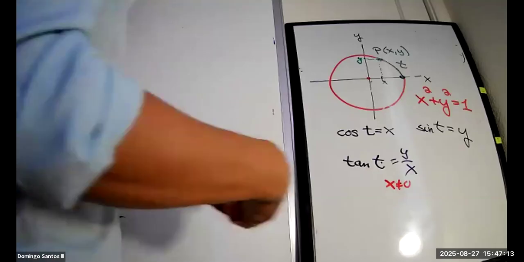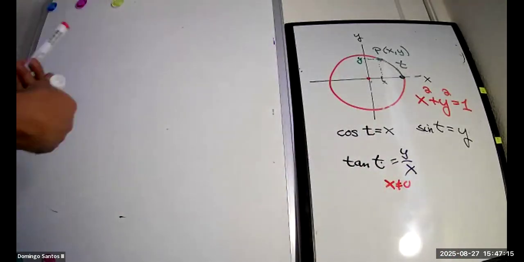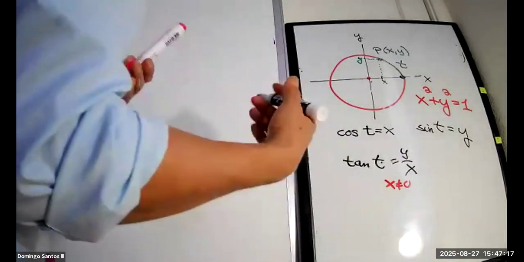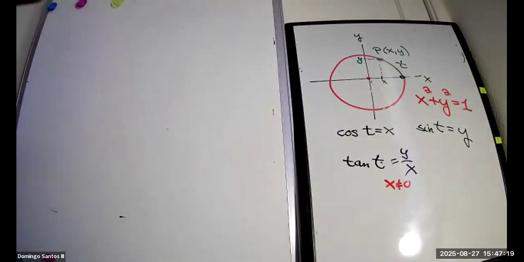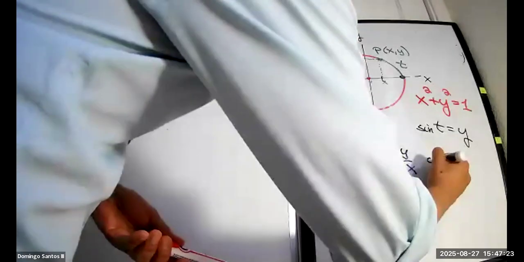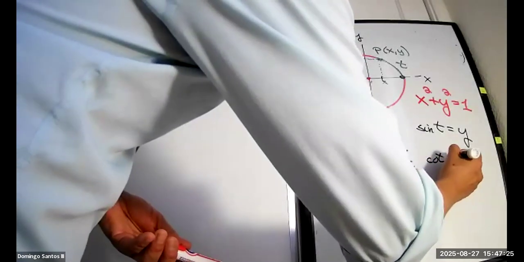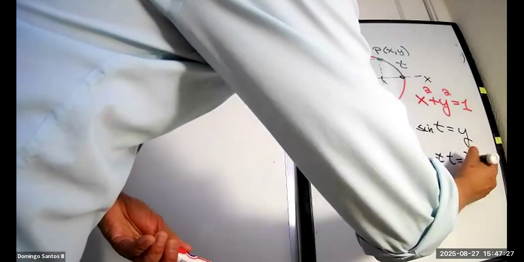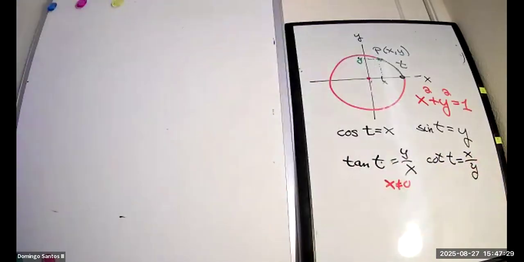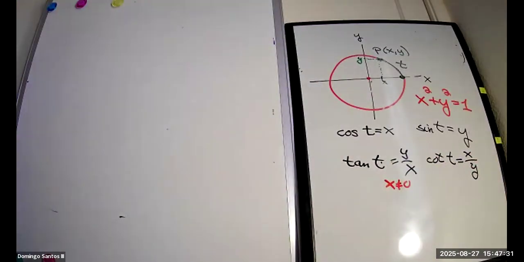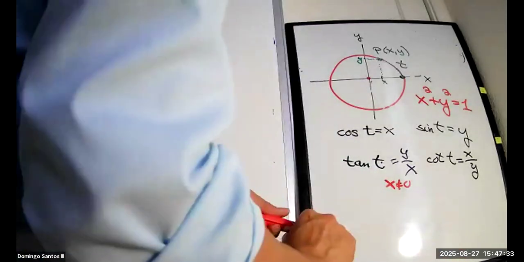You don't want any zeros in the denominator, if you recall from your algebra and from what we talked about the other day. And then cotangent of t will just be x over y, with the assumption that y is non-zero.